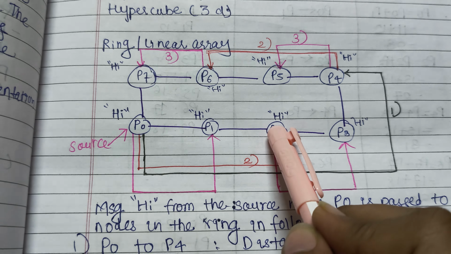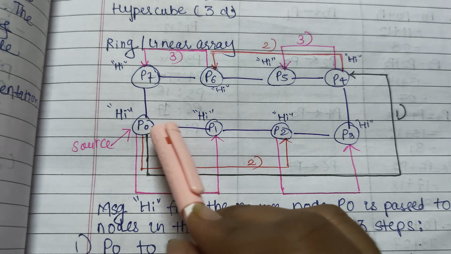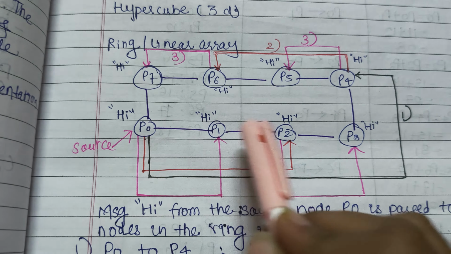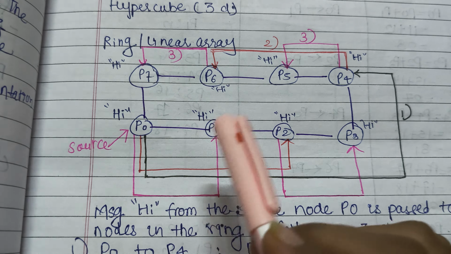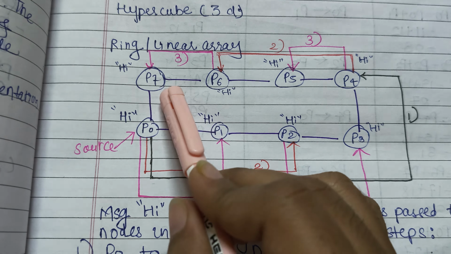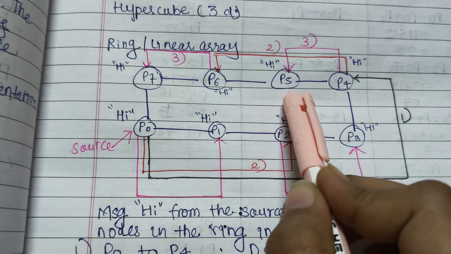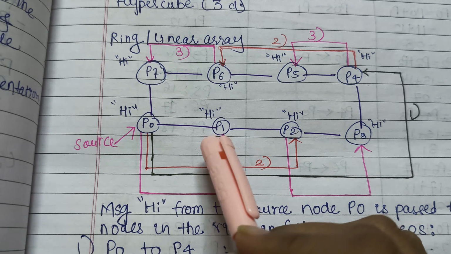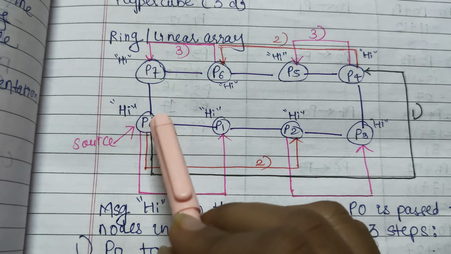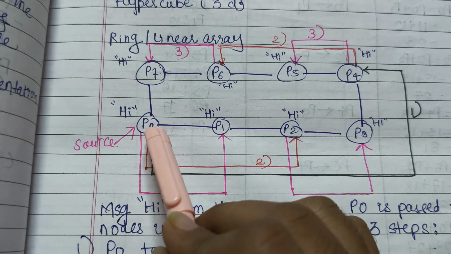Similarly it will decrease in the next step. So far we have covered P0, P2, P4 and P6; these nodes have the message. Now we want to give the message to P7, P5, P3 and P1. Right now we can see that the neighboring node only has the message.